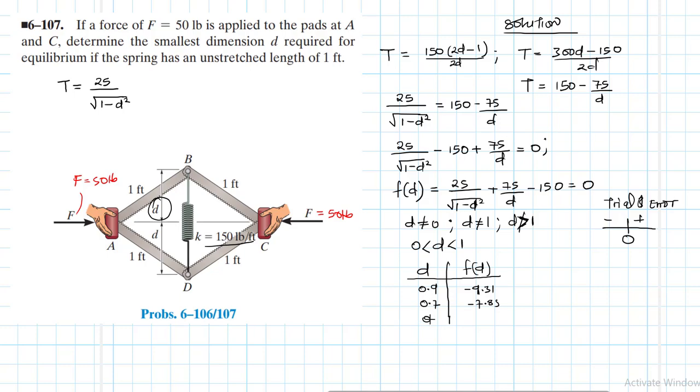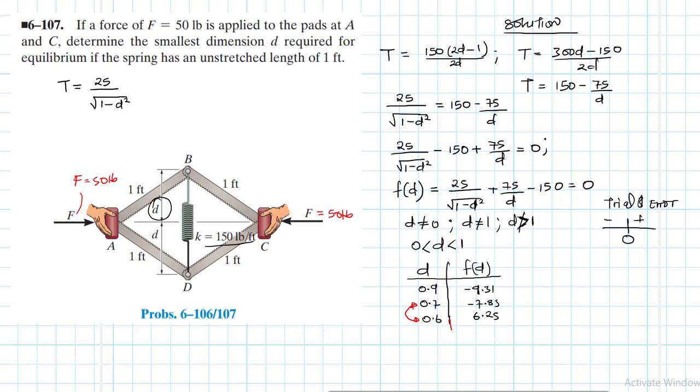Okay, let's try 0.6. 1 minus 0.6 there. 25 divided by answer plus 75 divided by 0.6 minus 150. So we have a 6.25. All right, so we know that our solution is in between 0.6 and 0.7.